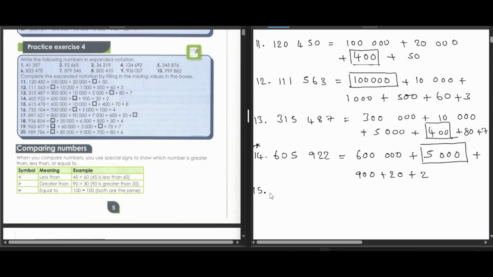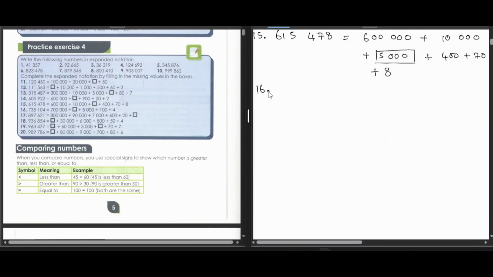Number 15, 615,478 is equal to 600,000 which is written plus 10,000 which is written, plus the one not written, 5,000, which follows, then plus 400 plus 70 plus 8, like this.